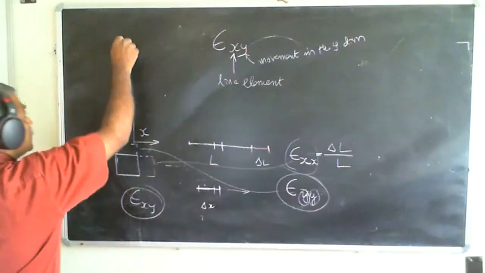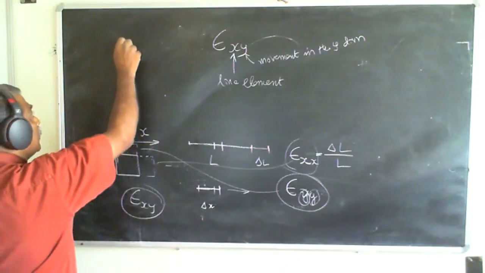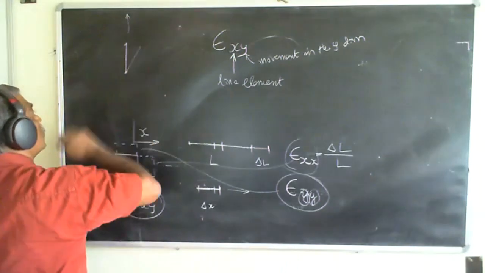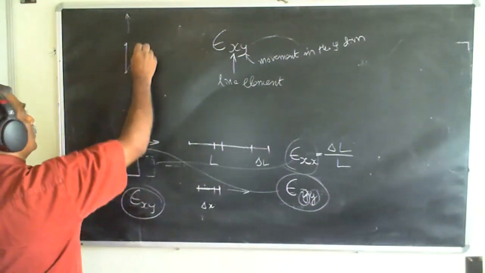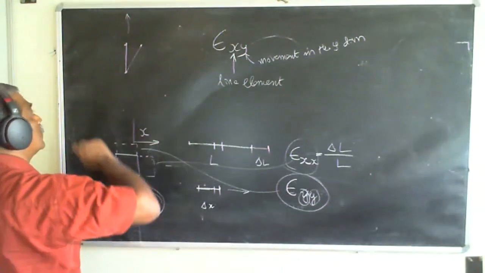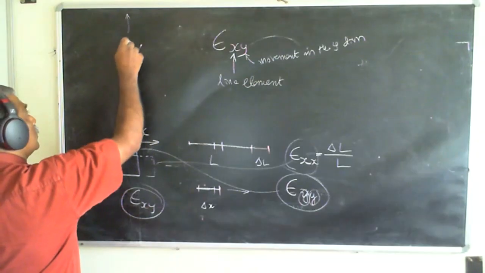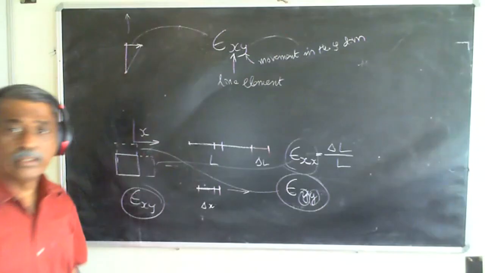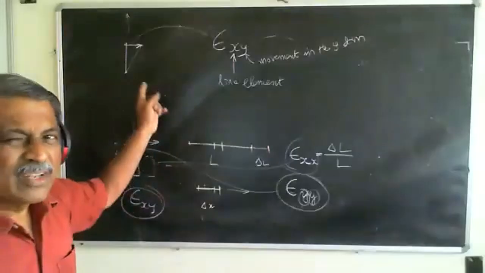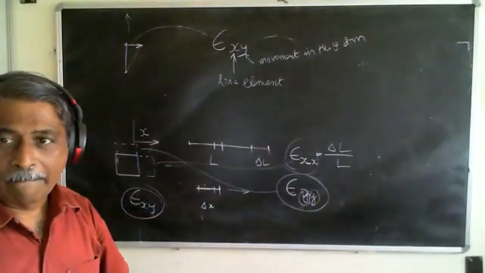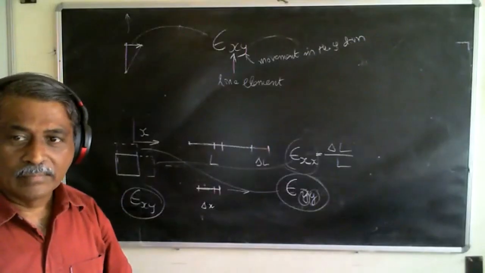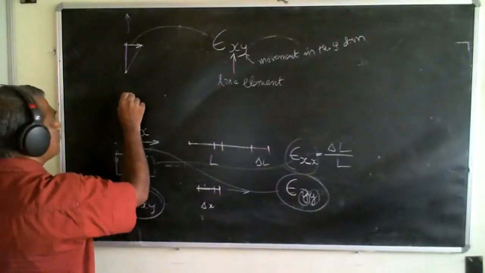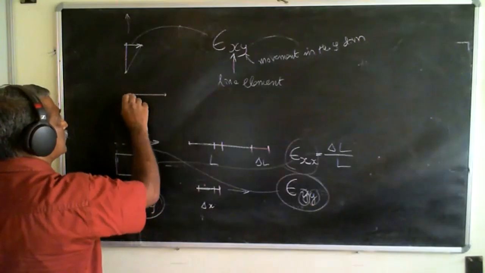For example, if this is the line element I have picked up, which is along the y direction, let us say it has moved like a parallelogram to this, right? This movement has to do with epsilon xy. Is it epsilon xy? Epsilon yx. Fantastic. So this is epsilon xy. Epsilon yx has to be like this, correct?